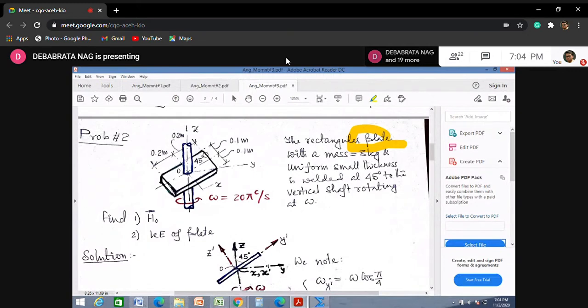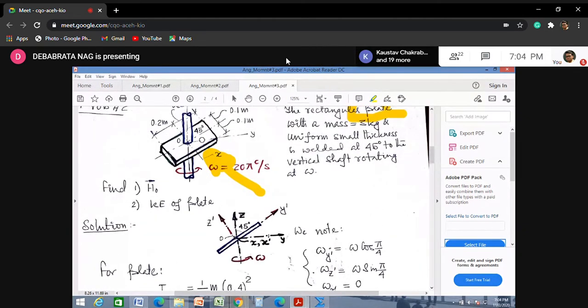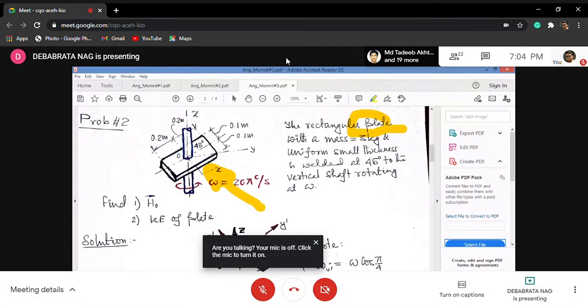Now, we have this vertical shaft and an inclined plate which is rigidly welded to the shaft at point O. If you view it from this side, you can see this is the y-axis and this is the z-axis.